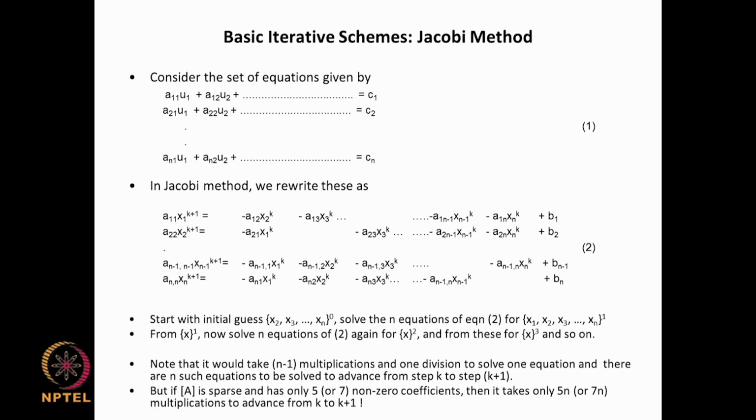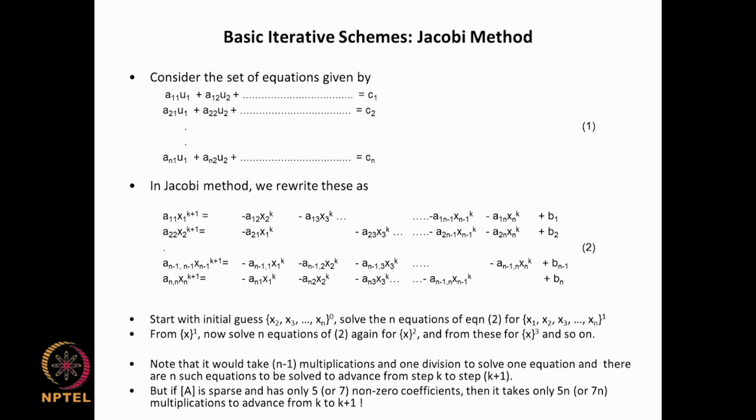If you have 10,000 equations, 10,000 grid points, then if you do for every one of these, in the general case it would take 10,000 square, so that is 10 to the power 8 of multiplications to go from k to k plus 1. But if the same set of equations is such that A is coming from the usually discretized CFD type of equation, then we have to do only 70,000 arithmetic operations, not 10 to the power 8, which is 100 million.